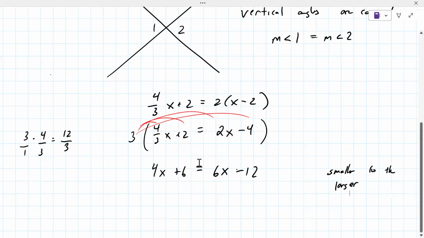This should be something you're comfortable solving, but if it's not, let me know. Would I start out with clearing one of the x's first? Yes, that's what I mean by moving the smaller to the larger. Whichever one is smaller, 4x or 6x, to the other side.